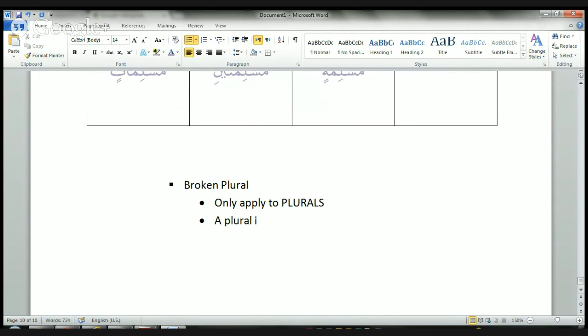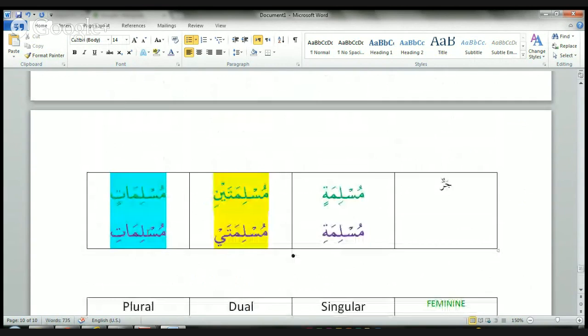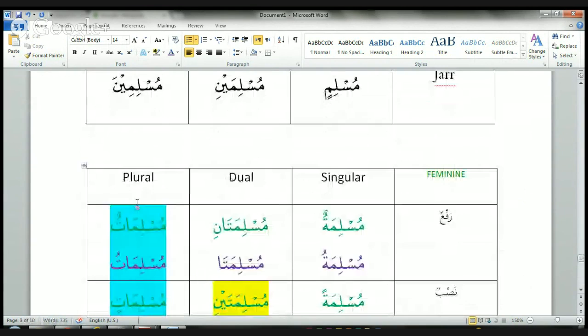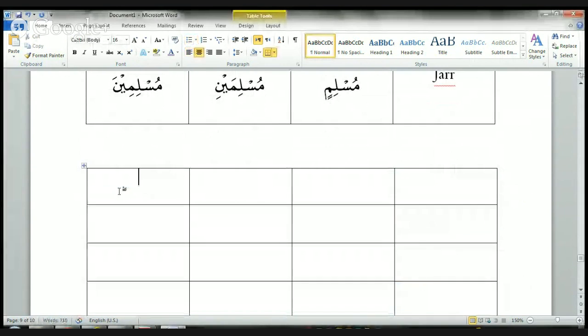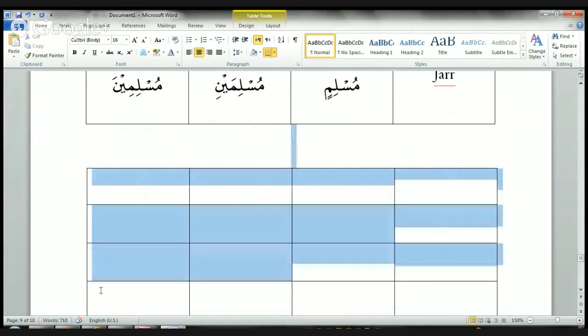A plural is considered broken when it does not follow the regular plural chart, which is these: Muslimatun or Muslimina or Muslimuna. Let's get rid of this.